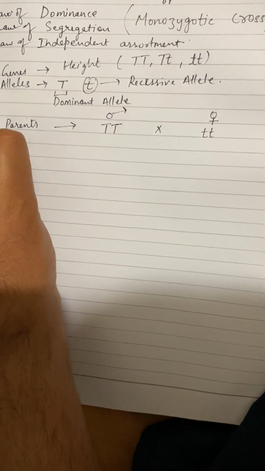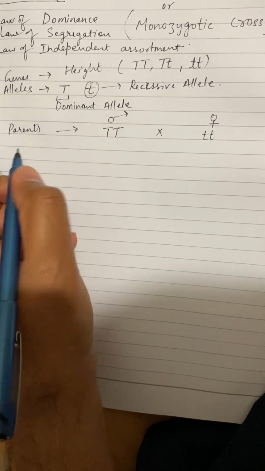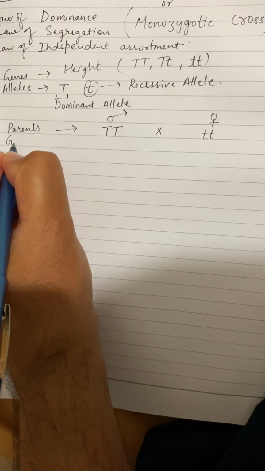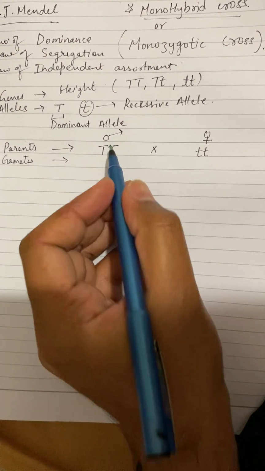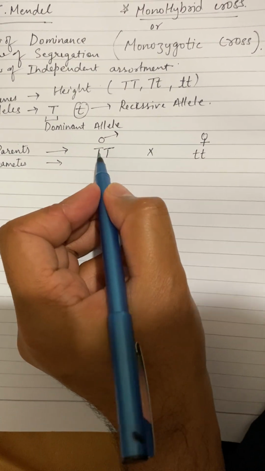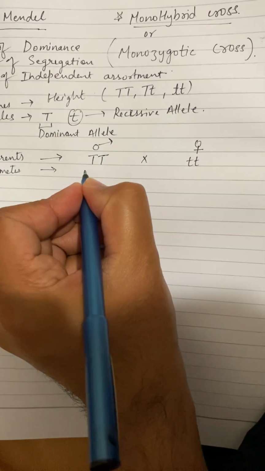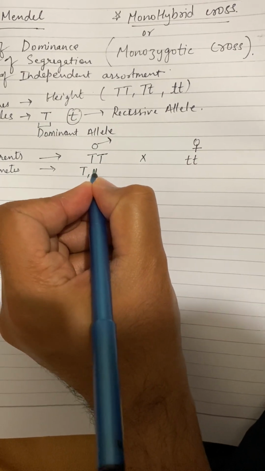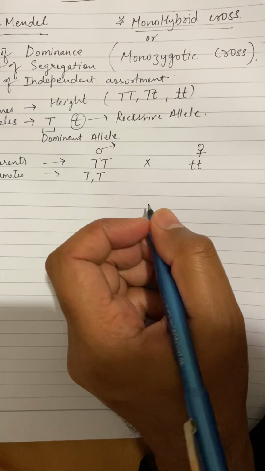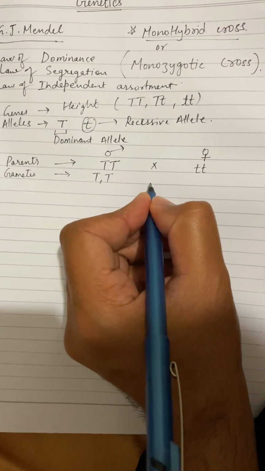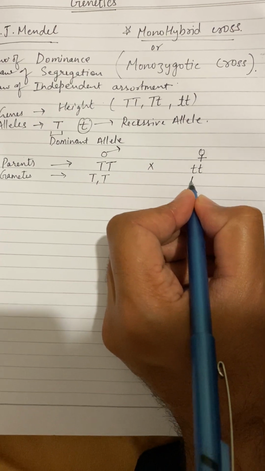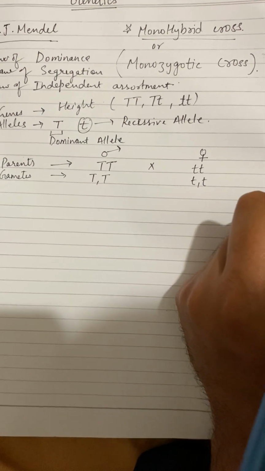This is case one. We need to make gametes out of it. The male plant will have pollens, and because it is homozygous dominant, all the gametes possible must be capital T in this case. For the female, it should be small t.